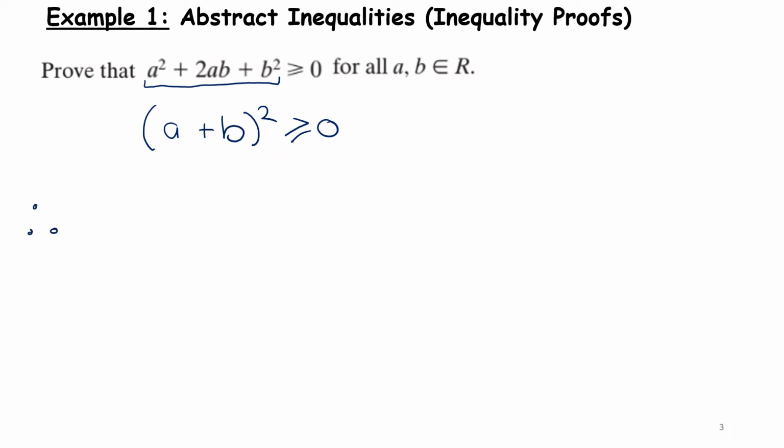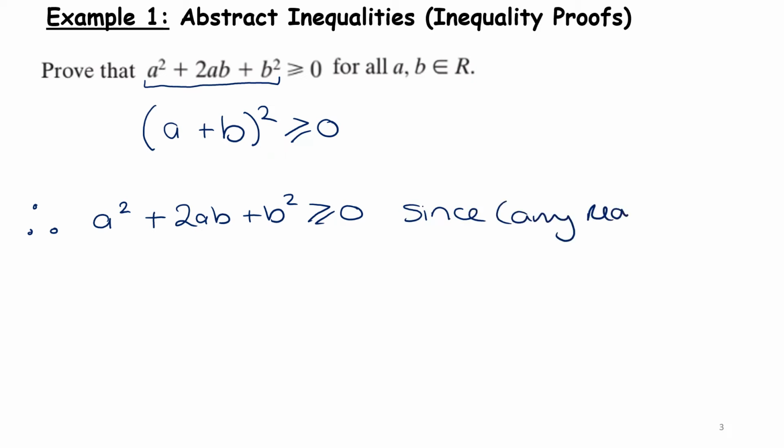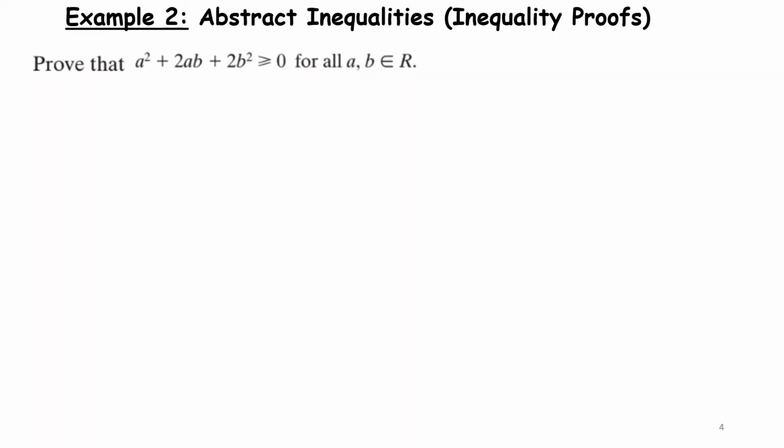So how we'd usually finish this is therefore a squared plus 2ab plus b squared is greater than or equal to 0 since any real number squared is greater than or equal to 0. So that's going to be our kind of finishing line on all of these.